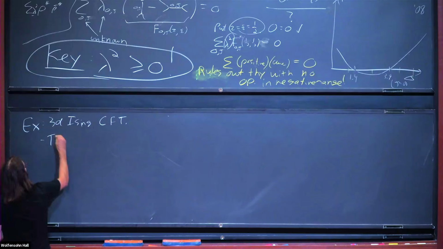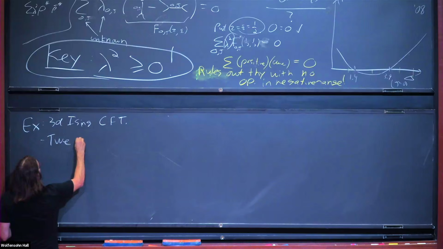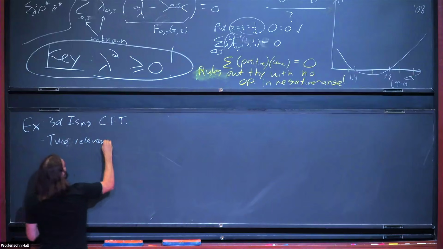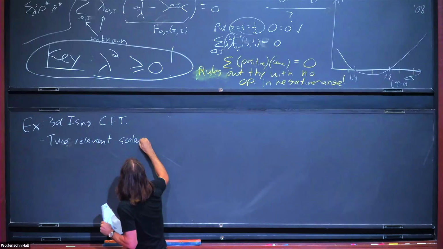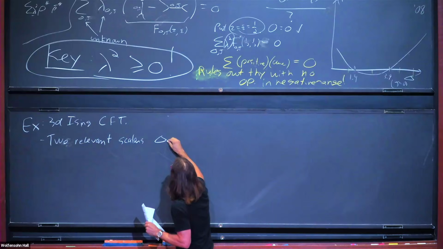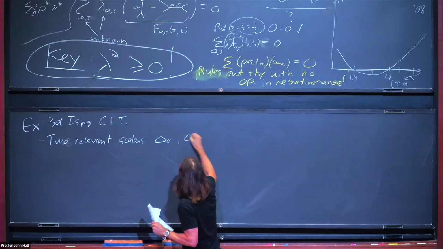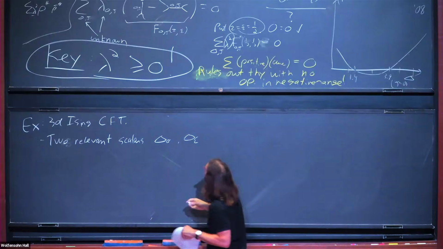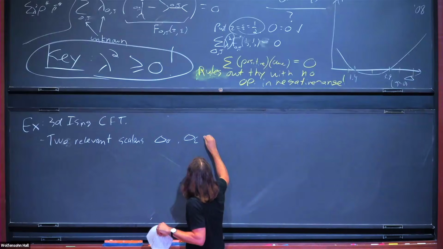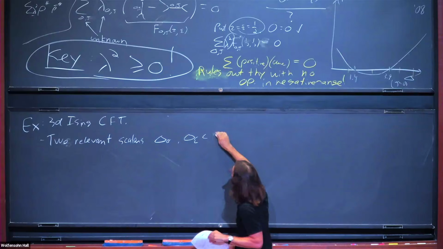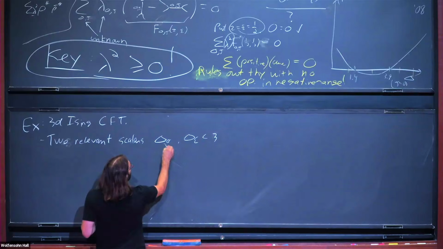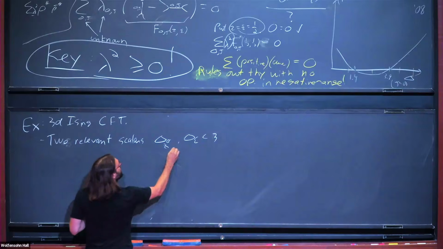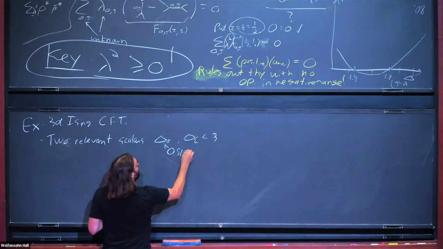What you have to put in is that we're going to study a theory that has two relevant scalars, because this is the number of parameters we know we have to tune in the phase diagram. We can call them sigma, like the spin, and epsilon, like the energy density. Relevant means that these dimensions are less than 3D. Experimentally, it's known that this exponent is close to 0.518.